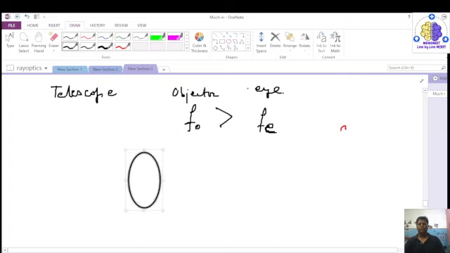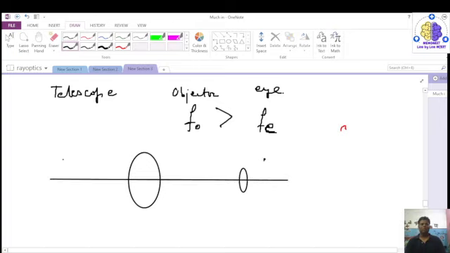Suppose this is the objective and this is the eyepiece, right? And let this be the principal axis, right?